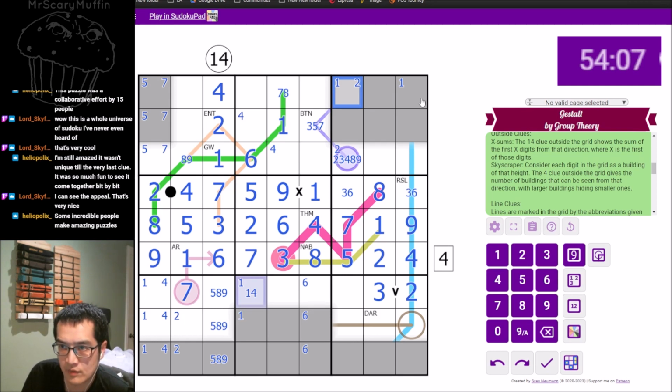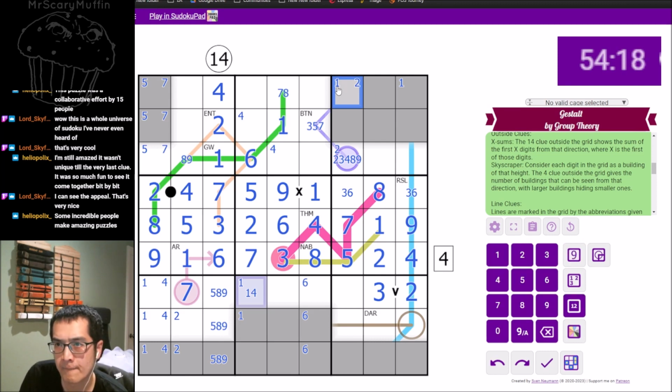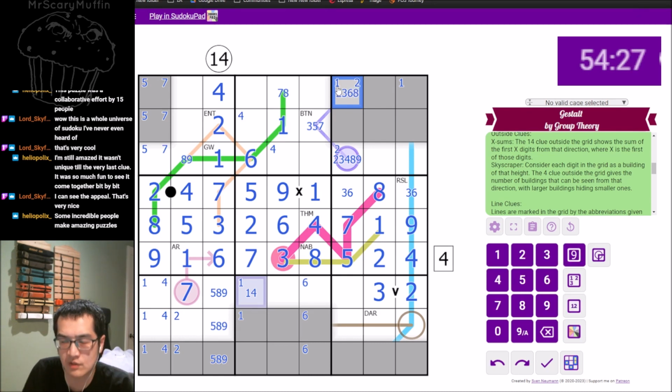Then 1 would have to go here. It could be a 2 if the 1 is a circle and it goes here, right? So it could be a 2. It could be 3. Can't be a 4 or 5. Could be a 6, 7, 8. Can't be a 9 because we're considering a situation where this is not the circle.